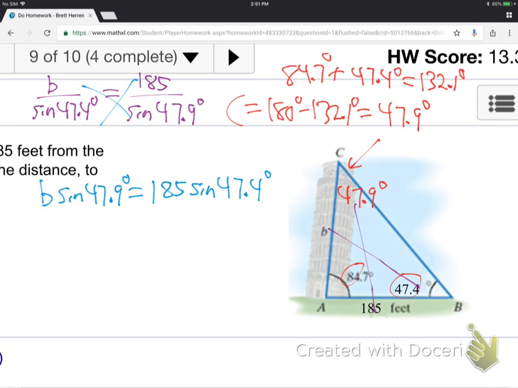So what do we do? Divide both sides by sine 47.9 degrees.